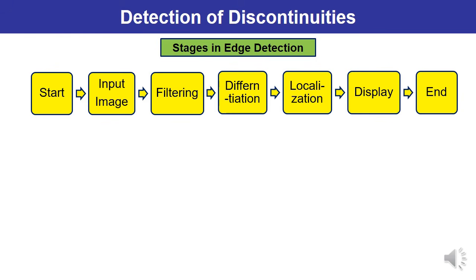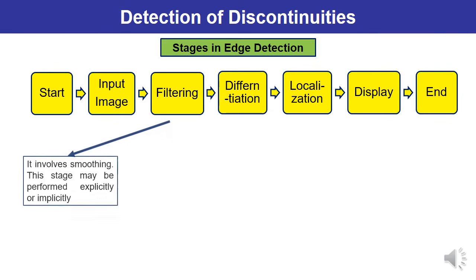You initiate a process where the input is the image. Then filtering is applied. This is an important function. What do you mean by filtering? Filtering is used to create a better form of the input image. Why is it required? So that we can get the maximum performance from the edge detectors.